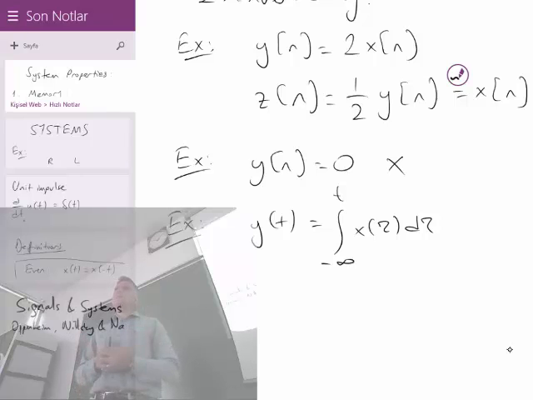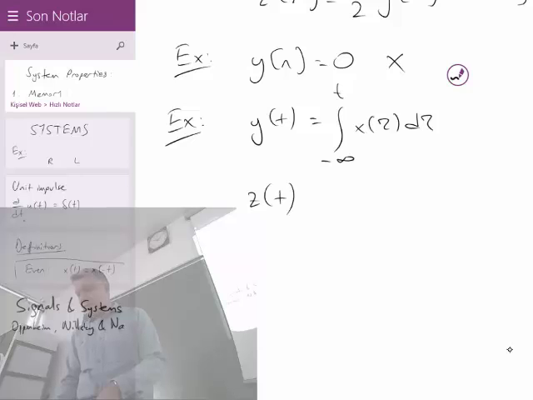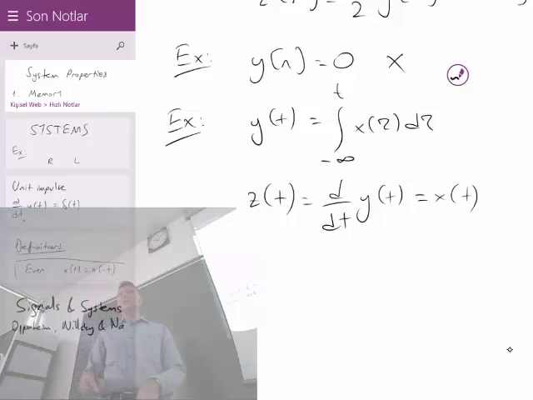Can you construct a system which extracts the information of every time instance of x of t? The answer is yes, because in fact we have seen this inverse from the calculus, the fundamental theorem of calculus. This is an accumulator, the integration, and the inverse system here is z of t is equal to the time derivative of y of t, and it will give you x of t. So the time derivative of the integral is the signal itself.